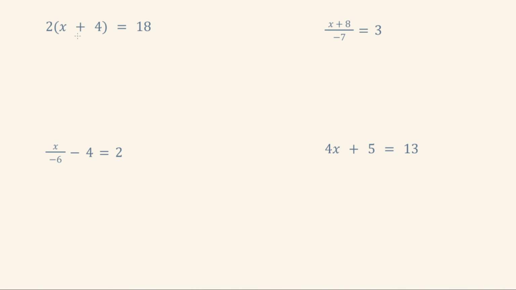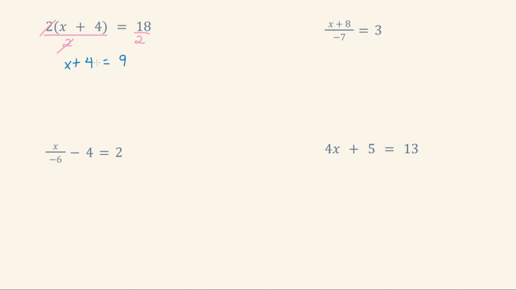So the first way here, we've got this addition that's happening first, because of the brackets. And then whatever this sum is, we're going to multiply it by 2. So the first thing we should undo is that multiplication. We can divide both sides by 2, so that all I'm left with is x plus 4 is equal to 9.